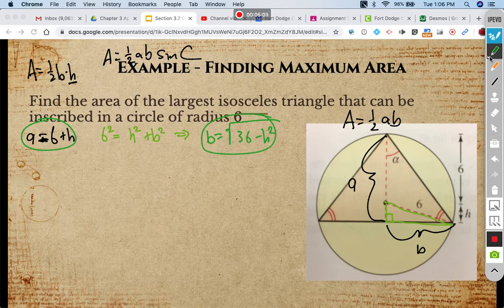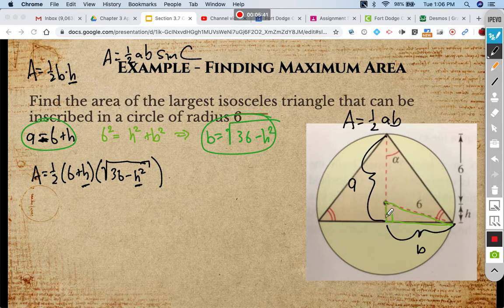So I can rewrite my area equation to say area equals 1/2 times 6 plus h times the square root of 36 minus h squared. And while this is not pretty, it is in terms of one variable, so we can go ahead and solve this. Now, before we go any farther, what's my feasible domain?